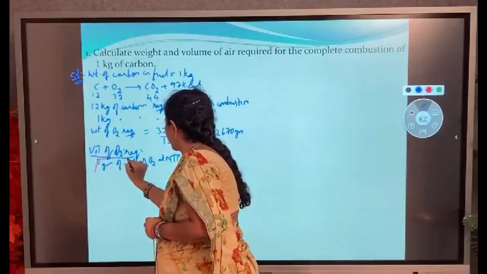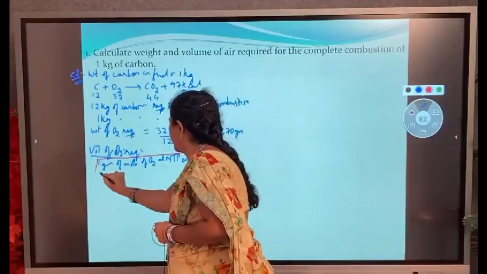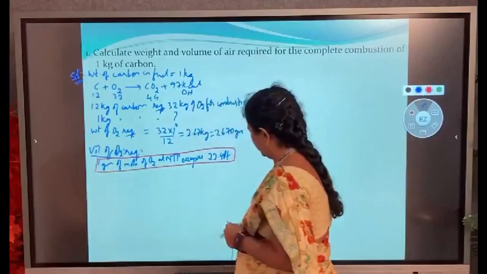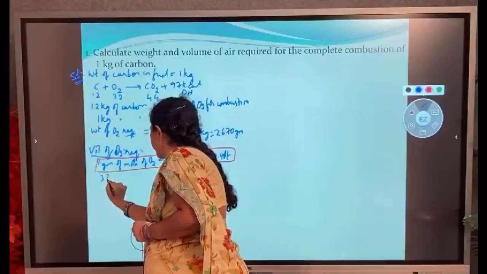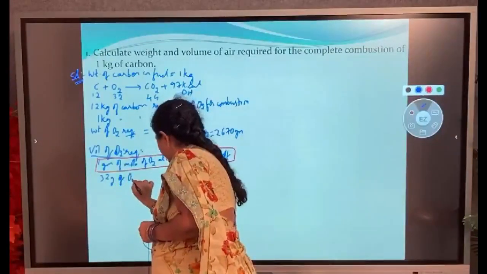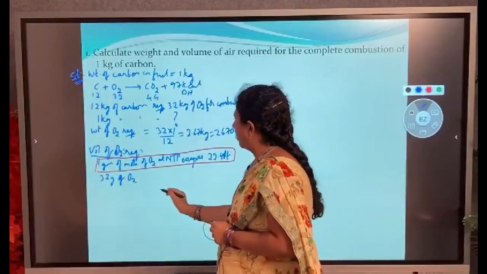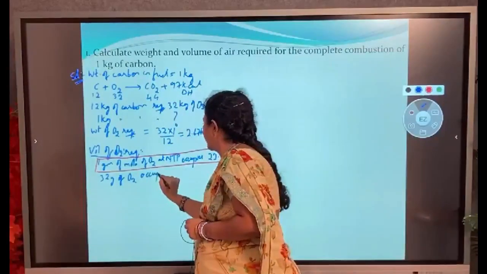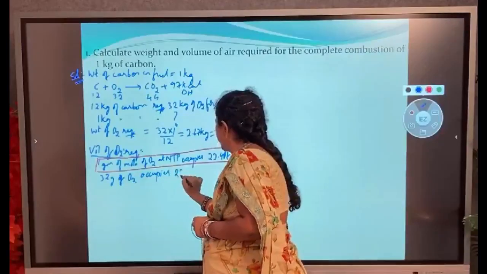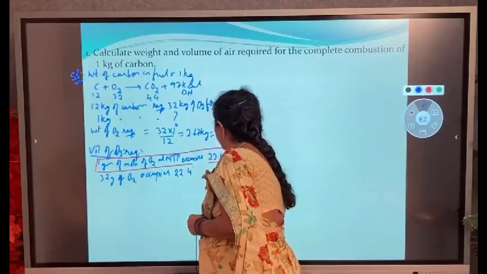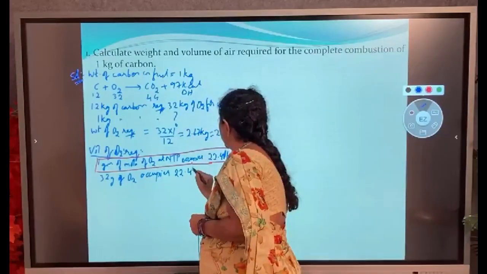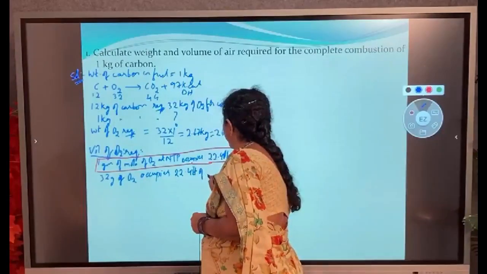This is the point I showed you earlier. So 32 grams of oxygen occupies 22.4 liters of volume.